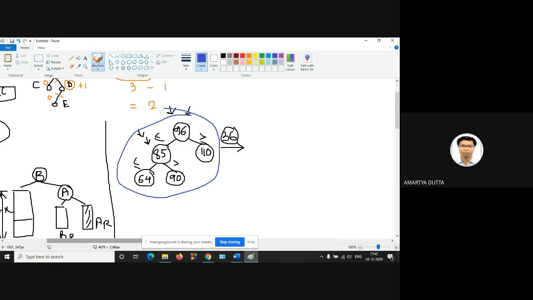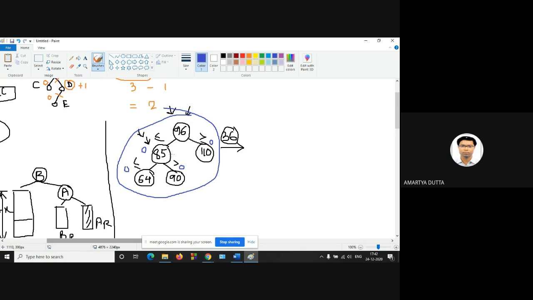Now you have to calculate whether it is height balanced. Yes, sir. Because 64, its balance factor is 0, 90 its balance factor is 0, 110 its balance factor is 0. What is the balance factor of 85? 0, because HL minus HR is 0.